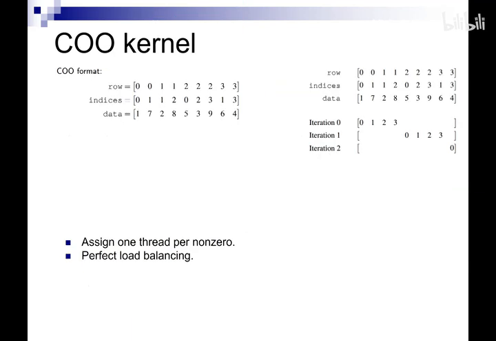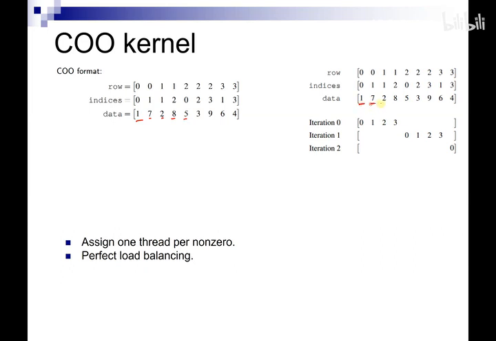The final thing is going to be the COO kernel, and for this one we are going to assign one thread per non-zero. All of these things are the non-zero values, and each one of them gets a thread. If you have 4 threads, then we're going to process this entire vector in multiple iterations.